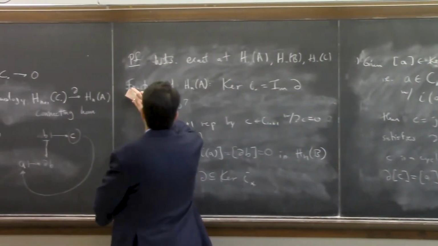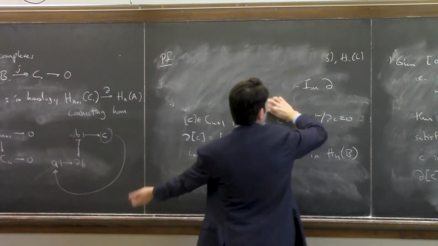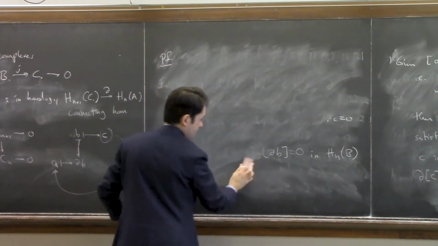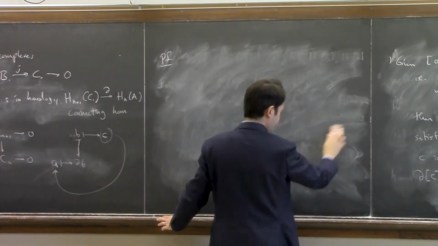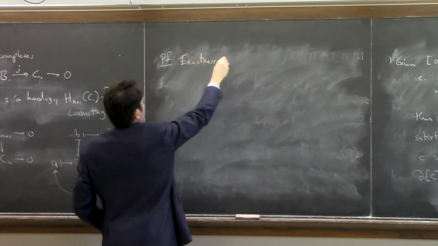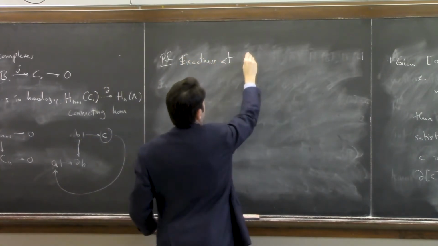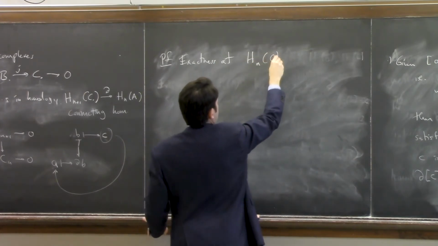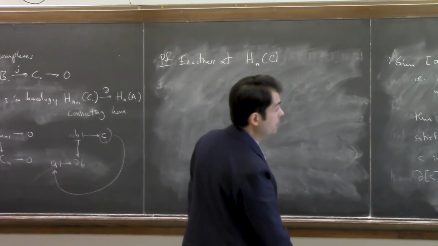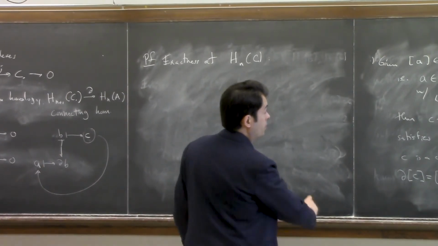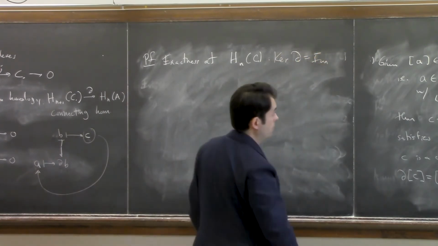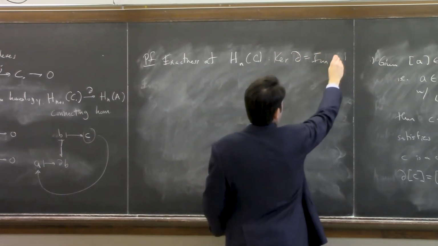Okay, so we're left with just one place to check. Okay, so at C, we want to show that the kernel of the boundary is equal to the image of J star.